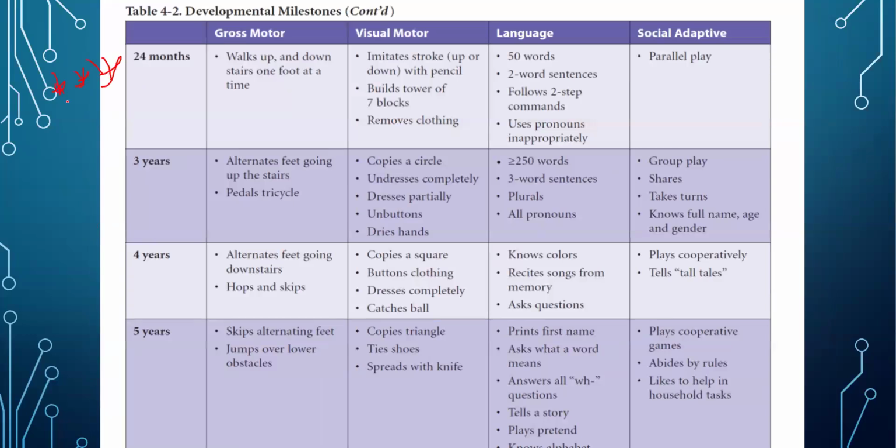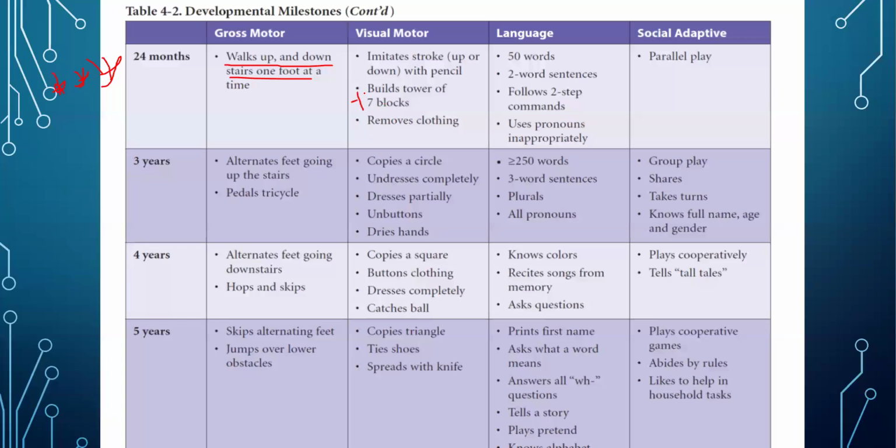24 months is super important. They can start to walk up and down stairs one at a time. Okay, so walking up and down stairs. Then you have got visual motor.